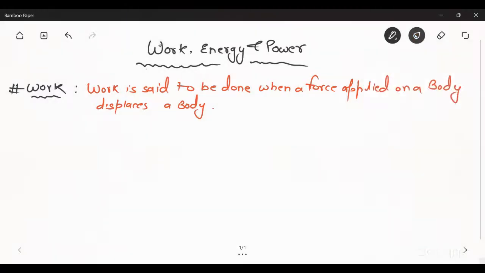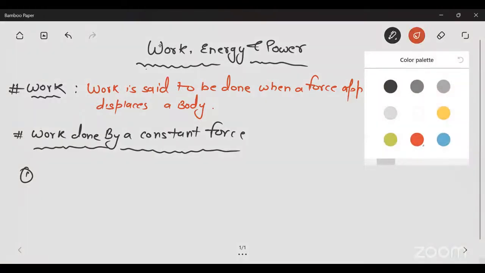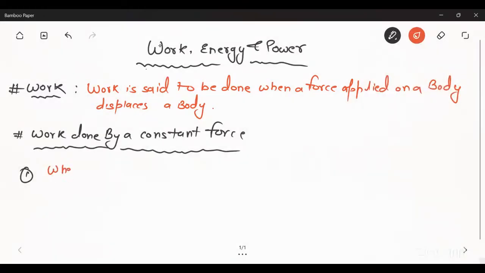Okay. Now come to the next topic, that is work done by a constant force. Case number one, when force and displacement are in the same direction.